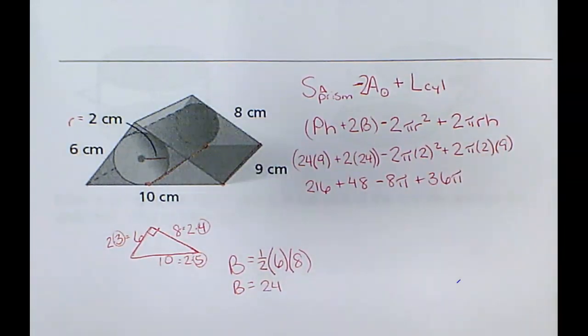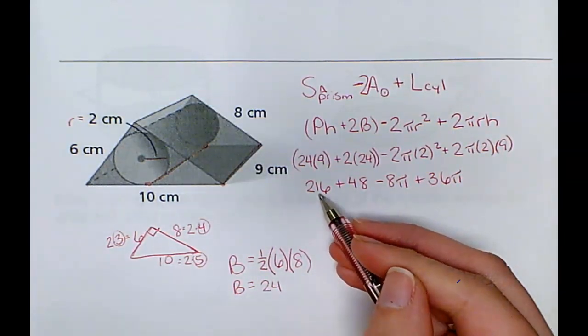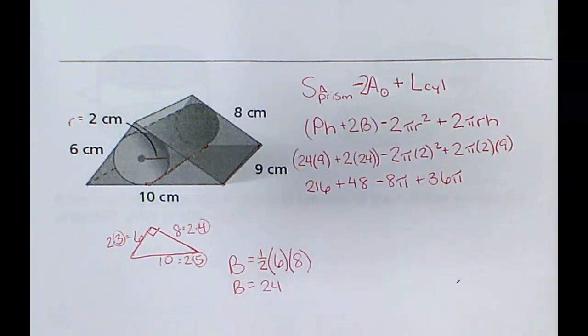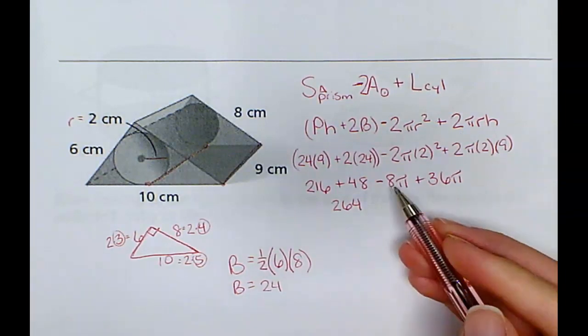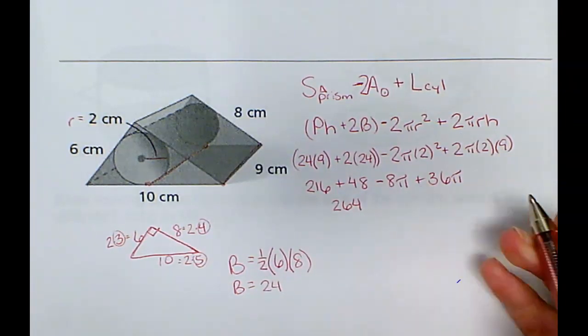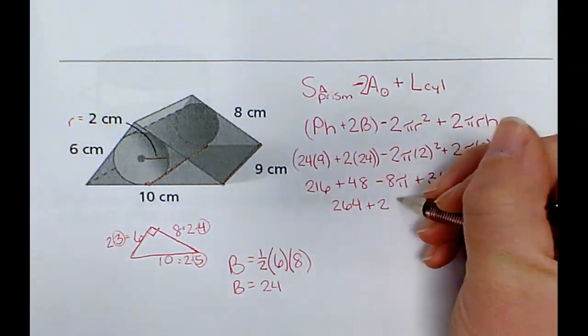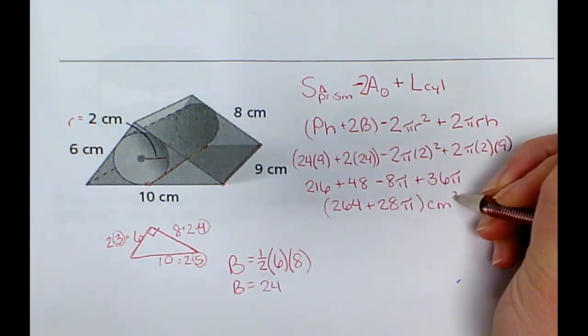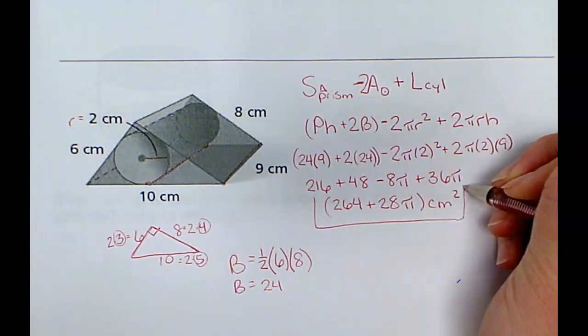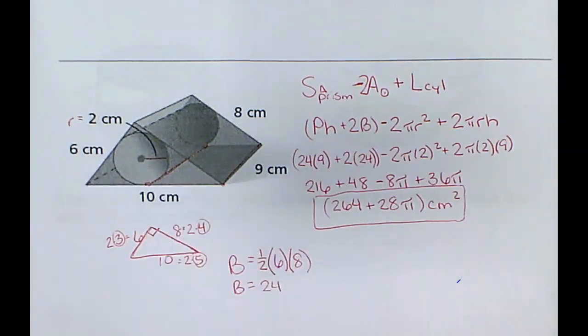So now I combine the like terms. 216 plus 48 is 264. And then negative 8 pi plus 36 pi would be a positive 28 pi. And I'm going to put these together and measure in centimeters squared, and this is the total surface area of this composite figure.